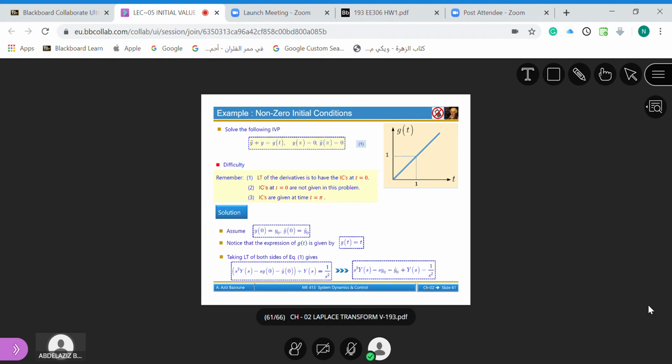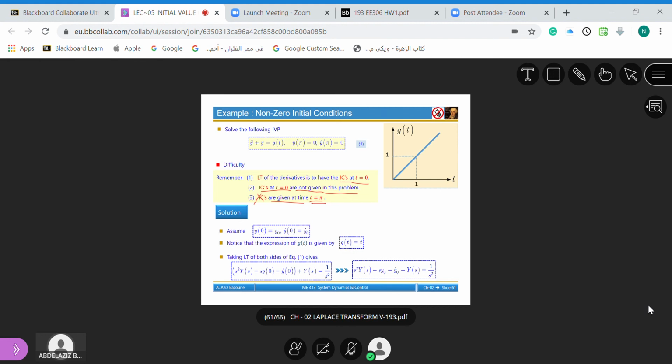That's why we say the Laplace transform of the derivative needs the initial conditions at time t equal to 0. They are not given in this problem. The conditions are given at time t equal to pi. What do we do in this case?